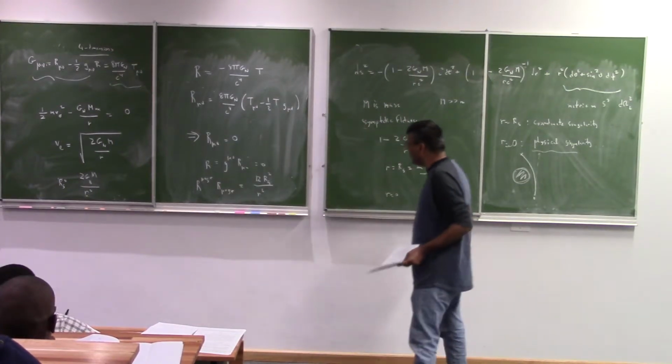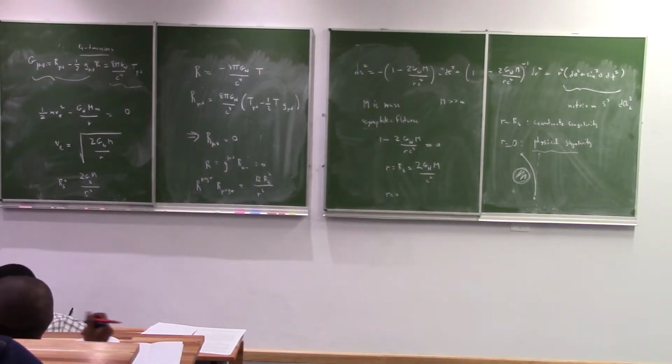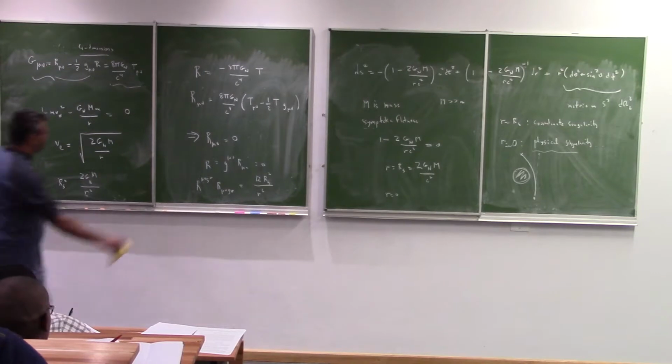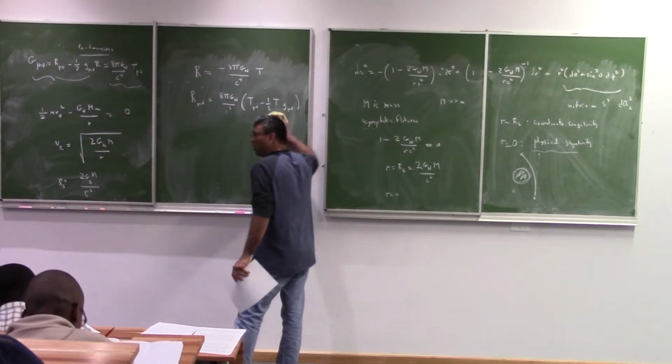The horizon in gravity is a null surface. So what that means is that certain vectors that are defined at the horizon behave in a particular way.